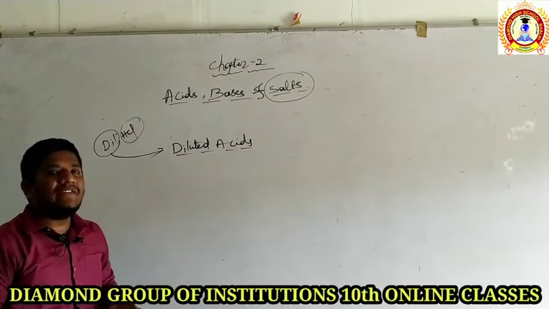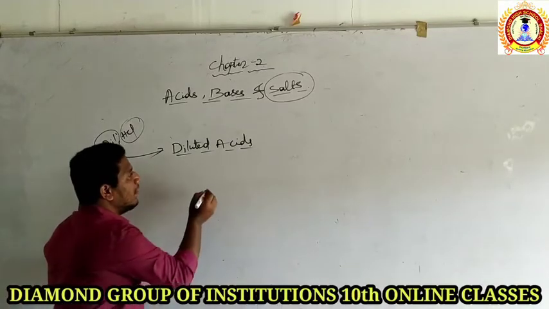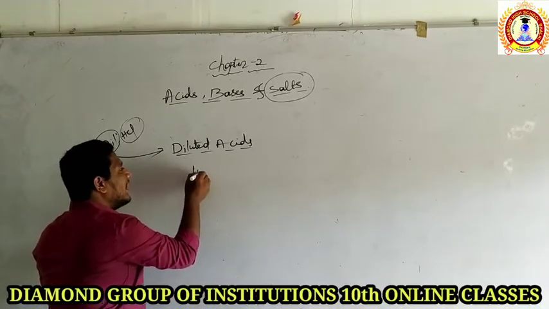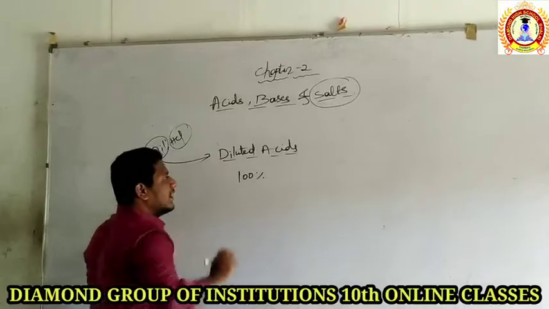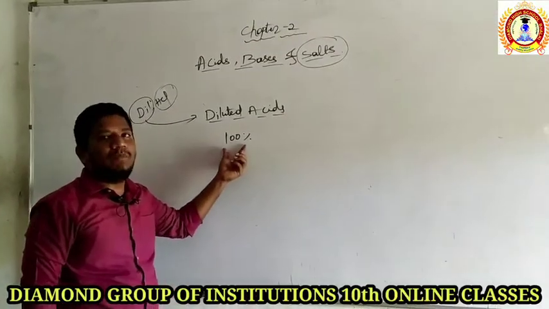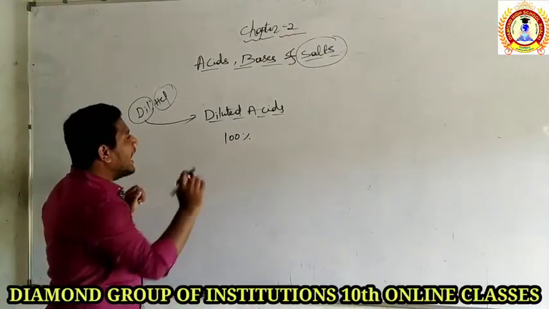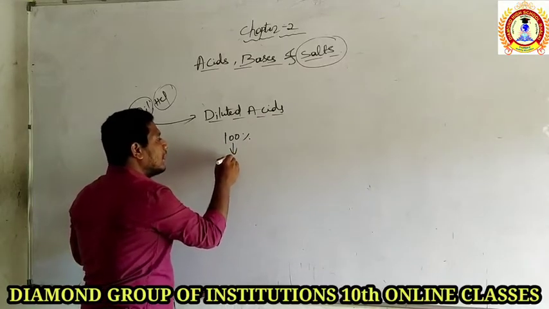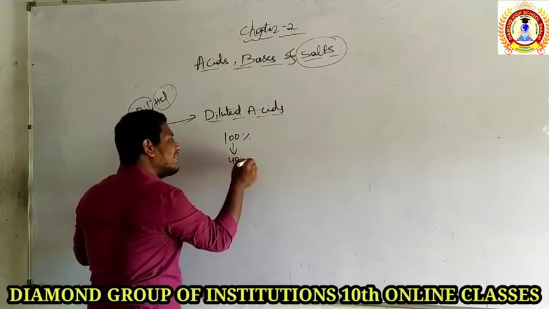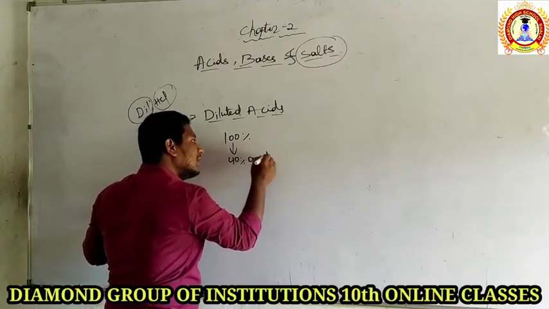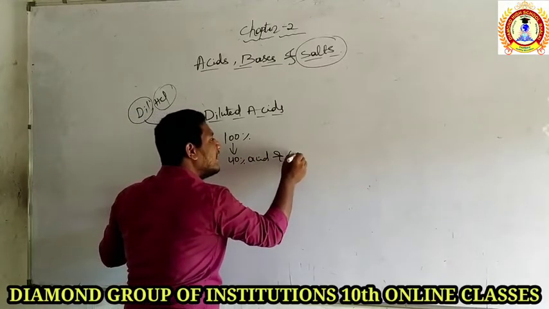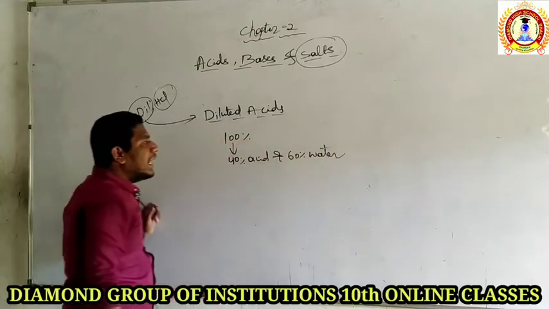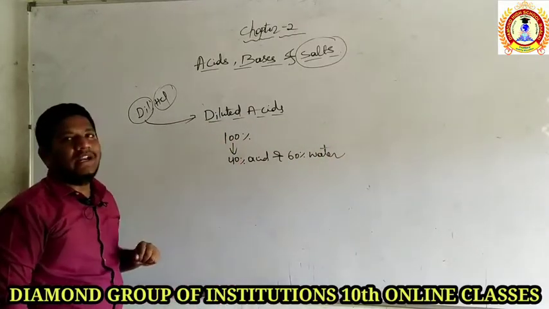We can understand it in a simple way. Consider there is 100% pure acid. In the 100%, if 40% is acid and the remaining 60% is water, that kind of acids are known as the diluted acids.